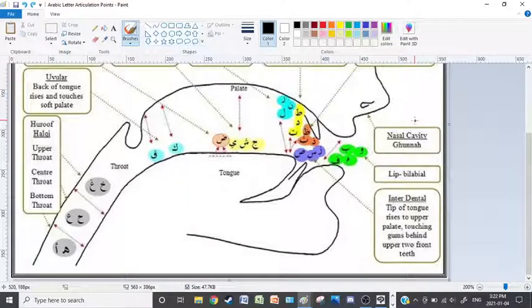Then the letter Fa. Fa is slightly inwards here, as you can see, and I'll write it here. The half qaf, half pan letter. Fa does not require the lips prominently.